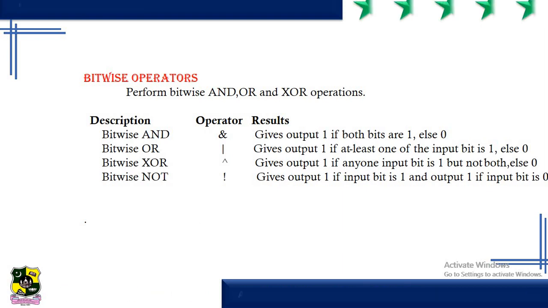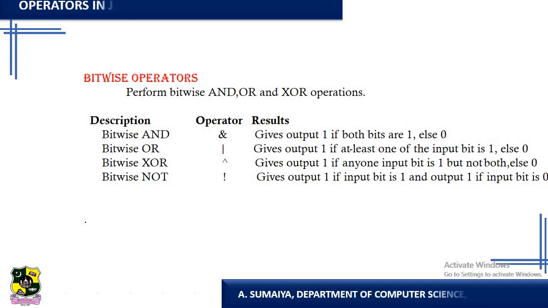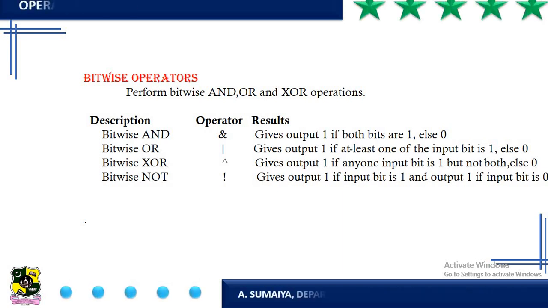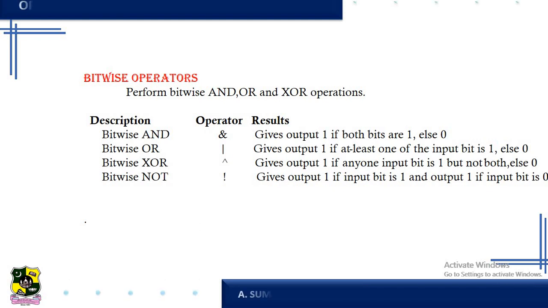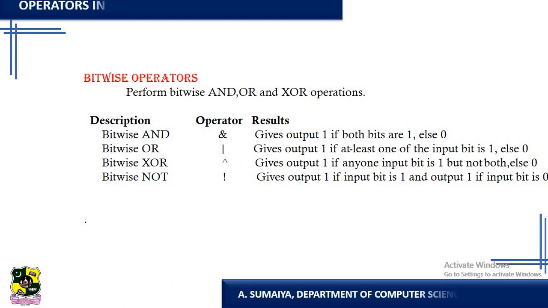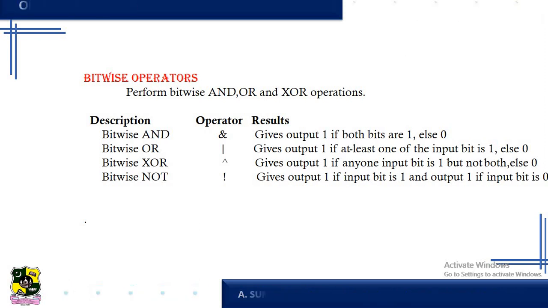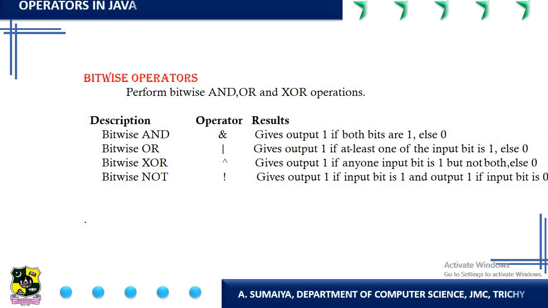Bitwise XOR gives output 1 if any one of the inputs is 1, but not both, else 0. Bitwise NOT gives output 1 if the input bit is 0, and if the input bit is 1, the output is 0. This is the bitwise operator.